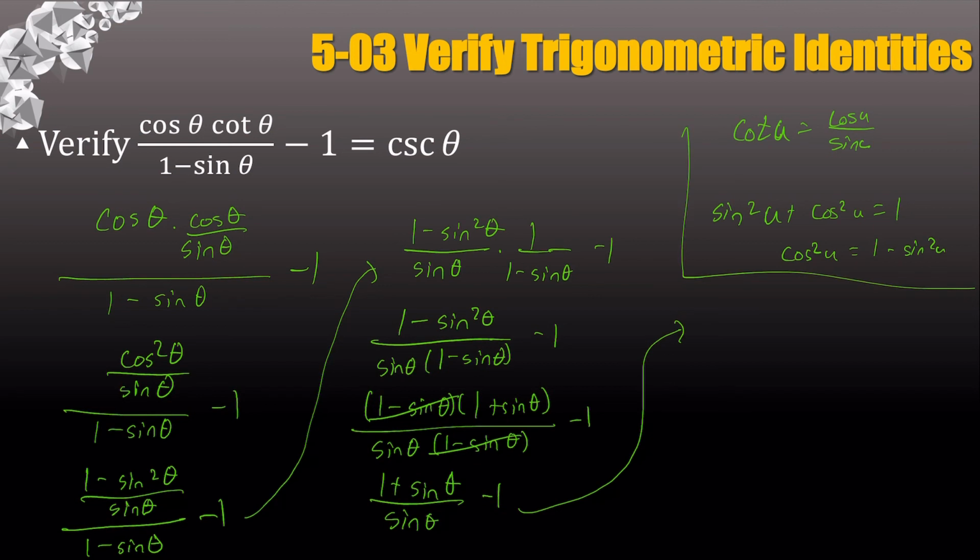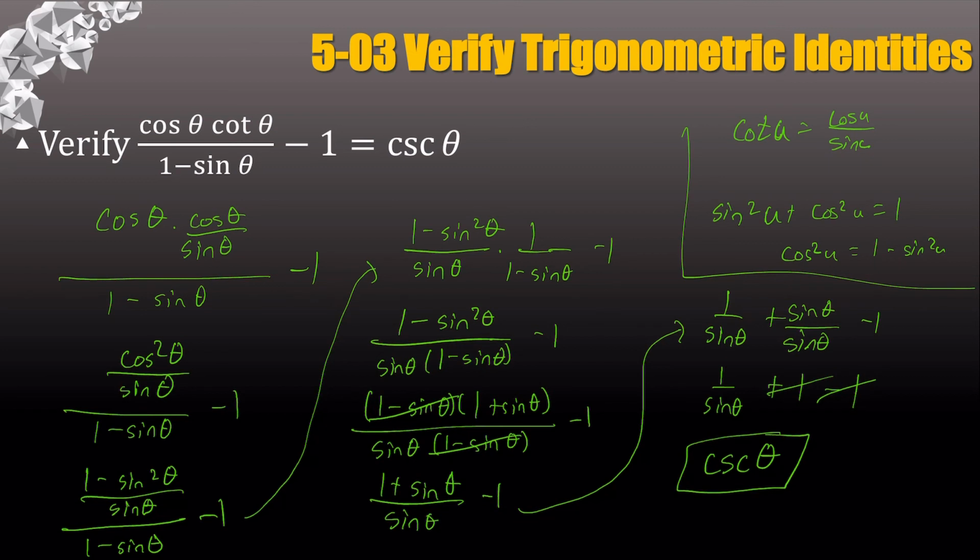Well, I could split up the fraction to be 1 over sine plus sine over sine, minus 1. Oh, but wait, sine over sine is 1. So the 1 cancels out, and 1 over sine is cosecant. And look at that, we have made it all the way to the end.